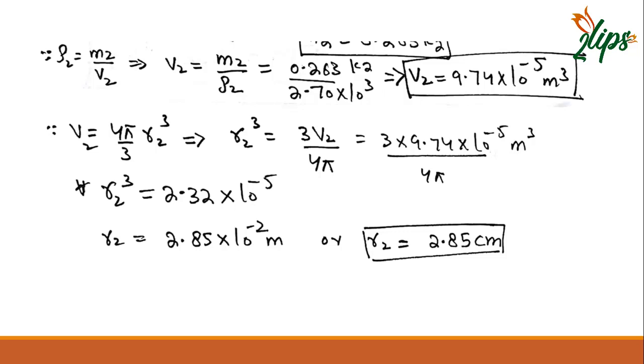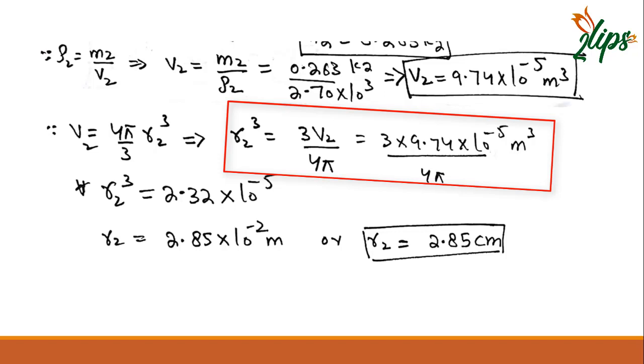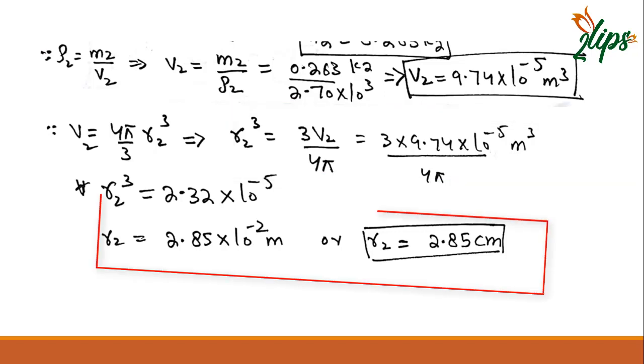So now I know the volume, so I can easily find the radius. So this is given by this expression. So putting the value of volume here, I can find this R2 cube, and taking its cube root I can find this radius, which turns out to be 2.85 centimeters. So this is what is asked in this question.